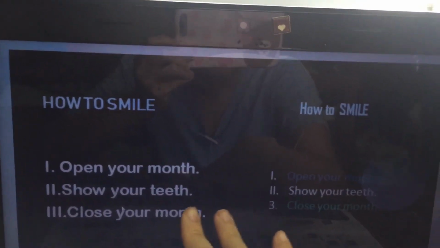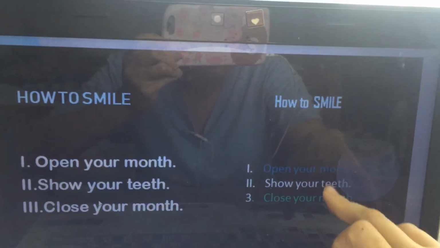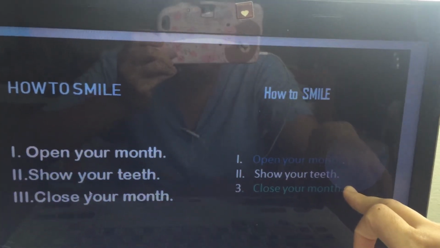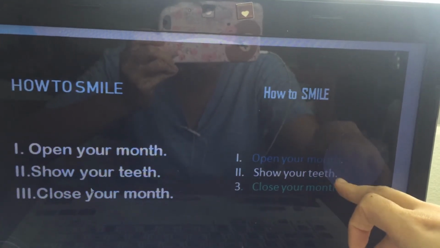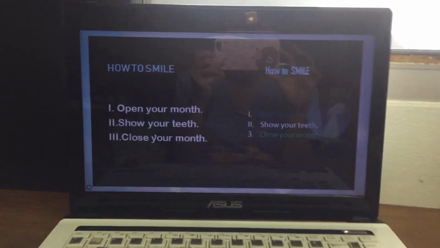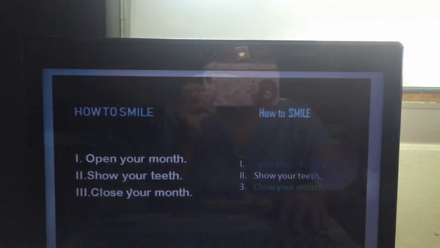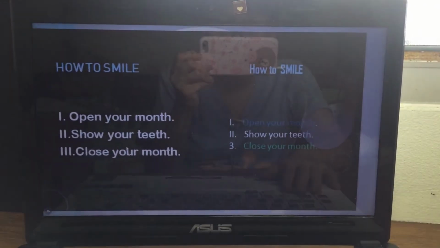And we can see, okay, first open your mouth, and this one, we can see there are 3 different colors, which means it's not consistent, keep changing. So it's very hard to see and very hard to focus well, right? So we have to be consistent.